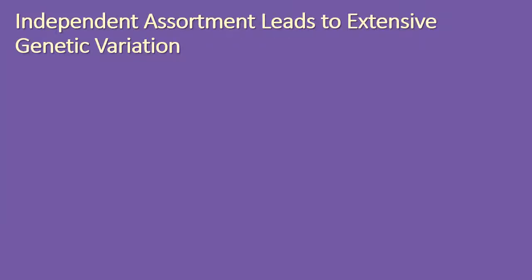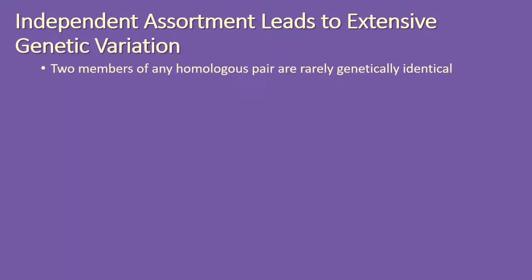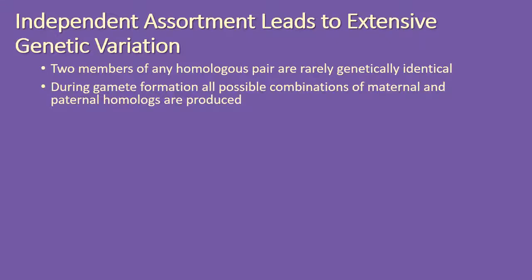So one of the great things about independent assortment, and this is something that we talked about in Chapter 2, is that it leads to such extensive genetic variation. So 2 members of any homologous pair are rarely genetically identical. When a mom and a dad decide to have offspring, of course their chromosomes are going to be very different.